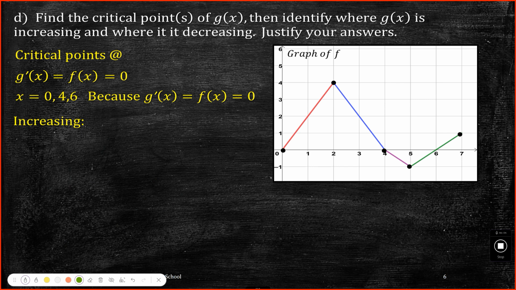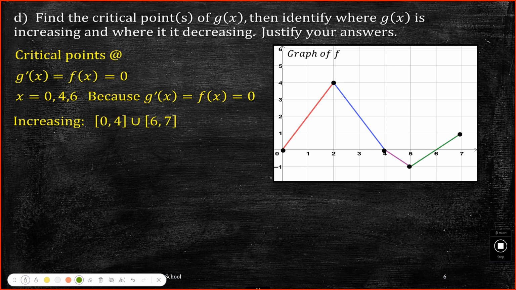Where is g increasing? From 0 to 4, because f is positive, greater than 0.